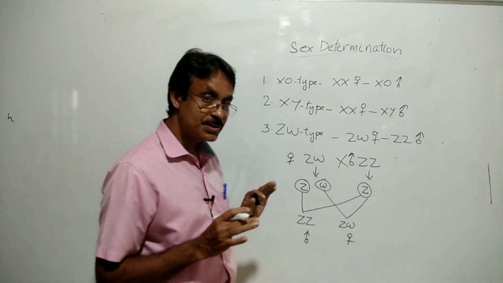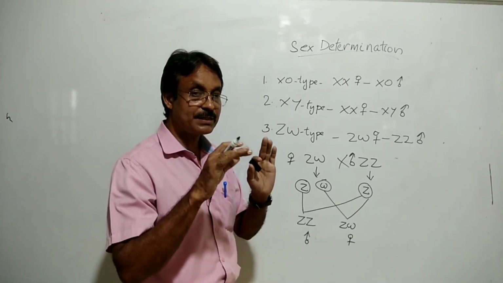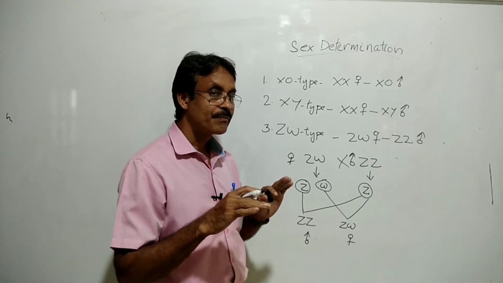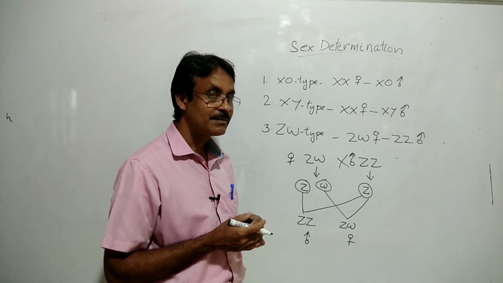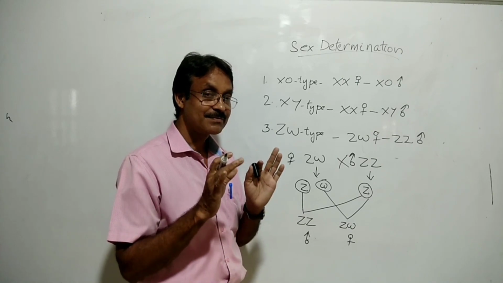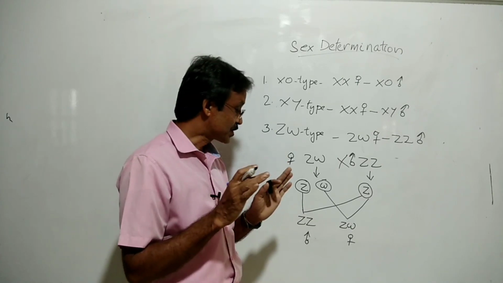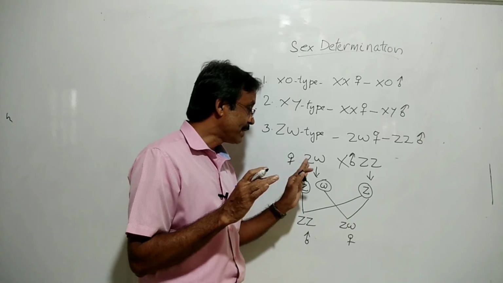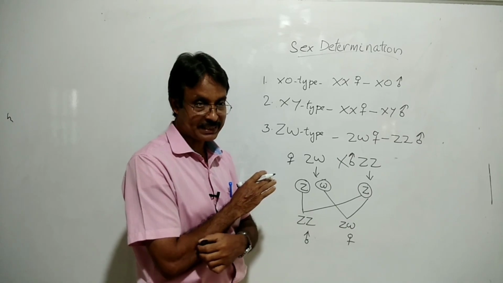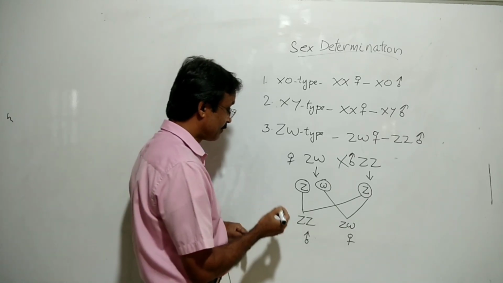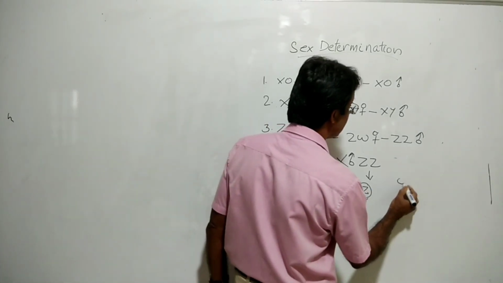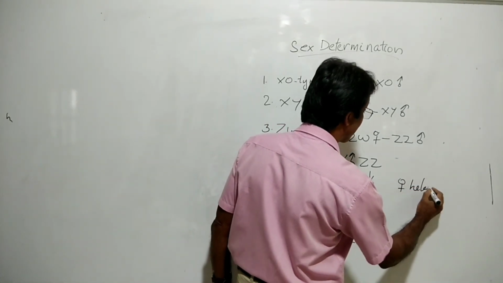Thus in birds, the sex of the offspring is determined by father or mother? Yes, it is mother. Thus in birds, the females are heterogametic, males are homogametic. So this is called female heterogamety.